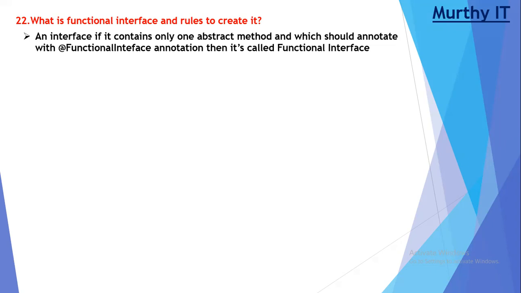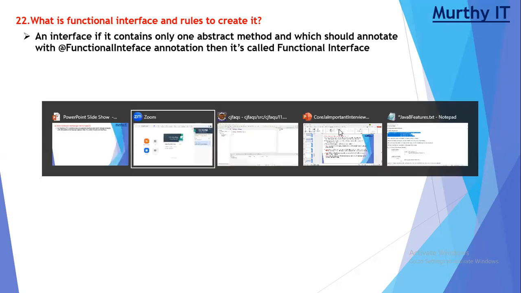An interface that contains only one abstract method but is not annotated with @FunctionalInterface, then that interface is not a functional interface. Yes, even though it contains only one abstract method, if we do not annotate it with @FunctionalInterface, then we can say that interface is not a functional interface.